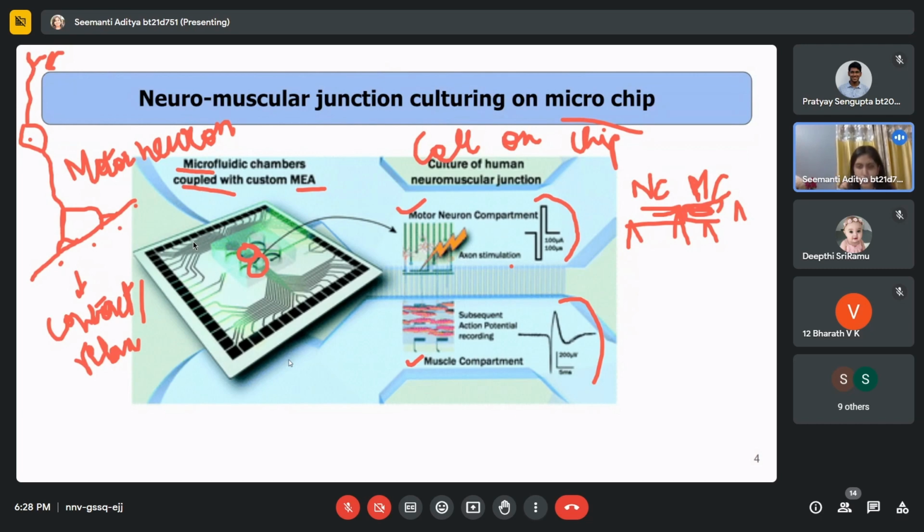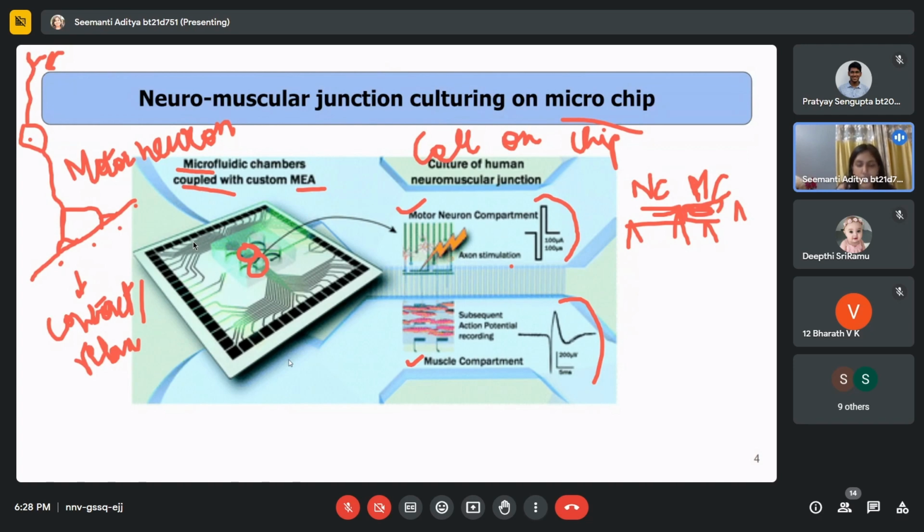Now, it's also not that common, as these are very expensive chips, so it's not very handy and not very economical. There are labs, even in our institute, that work with the microchip system.